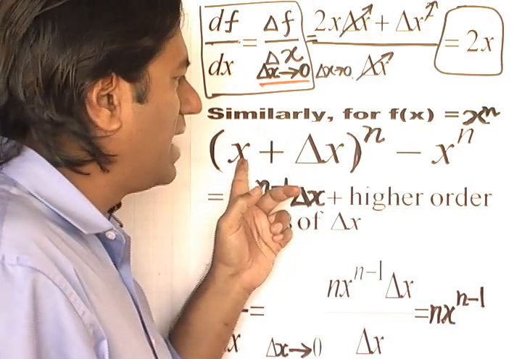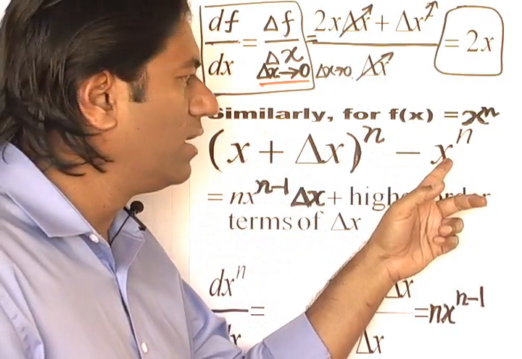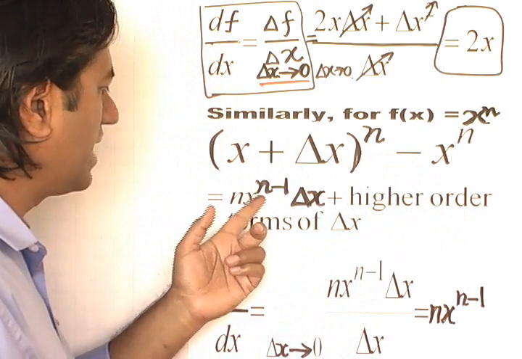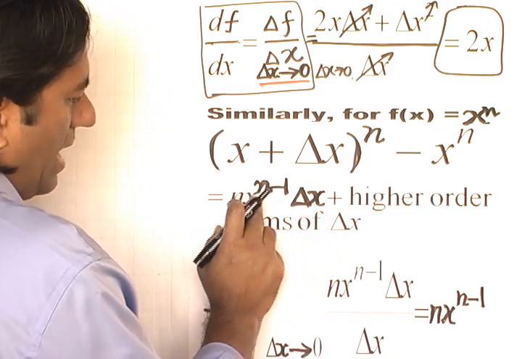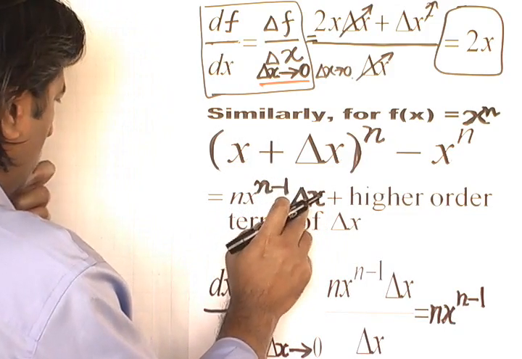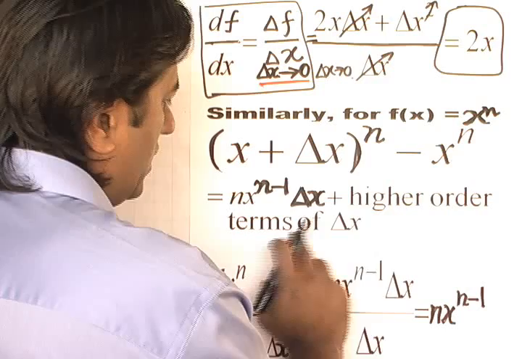Now the first term x^n will cancel out with this x^n, and so what you will have is the second term, which was n x to the power n minus 1 into delta x, and then higher order terms of delta x.